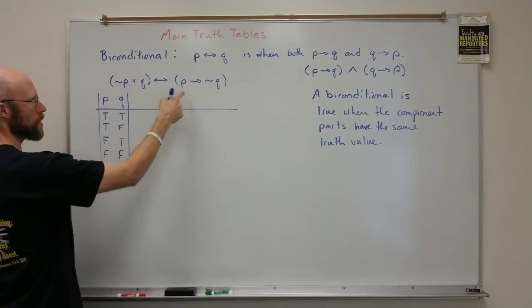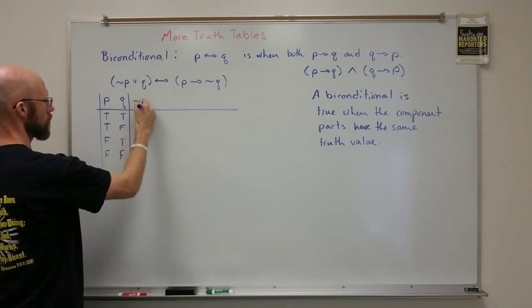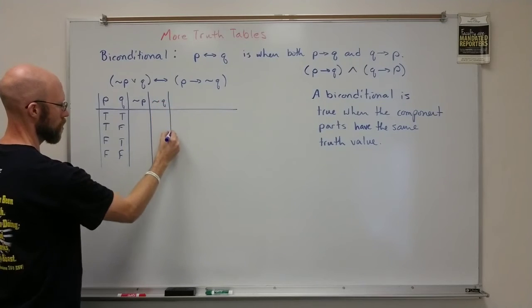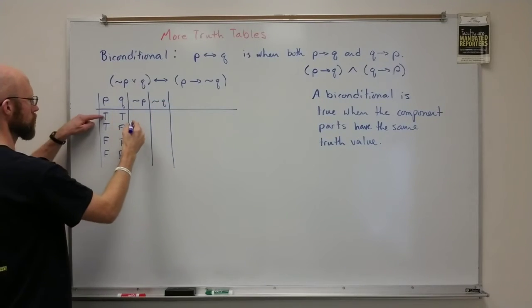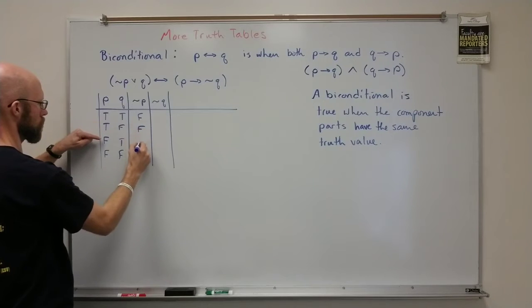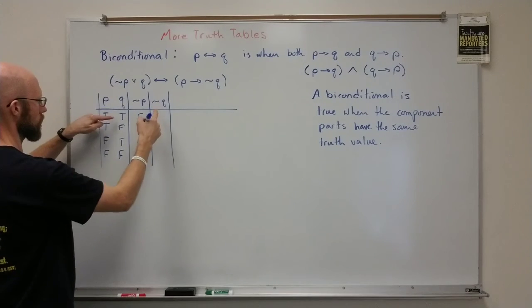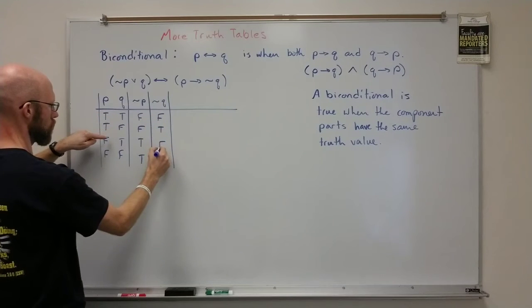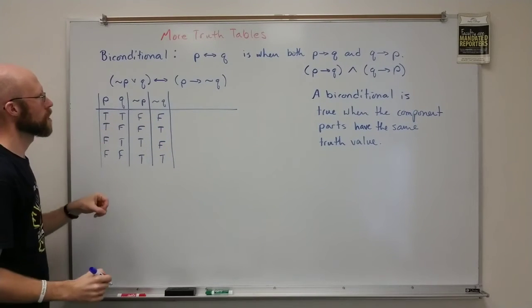I need not P and I also need not Q to pull this off. So not P is going to be false, false, true, true. Not Q is going to be false, true, false, true.